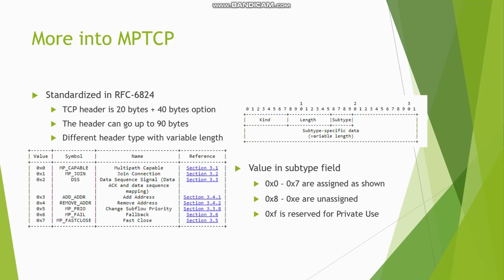These subtypes currently are MP_CAPABLE, MP_JOIN, DSS, ADD_ADDR, REMOVE_ADDR, MP_PRIO, MP_FAIL, and MP_FASTCLOSE, taking the values from 0x0 to 0x7, with 0xf reserved for private use, leaving 0x8 to 0xe unassigned.